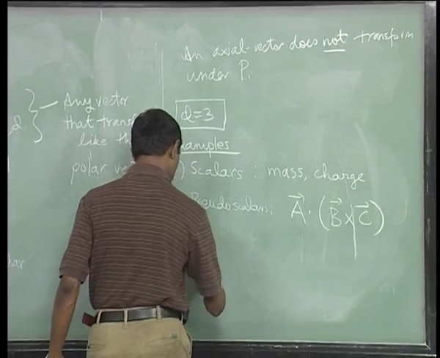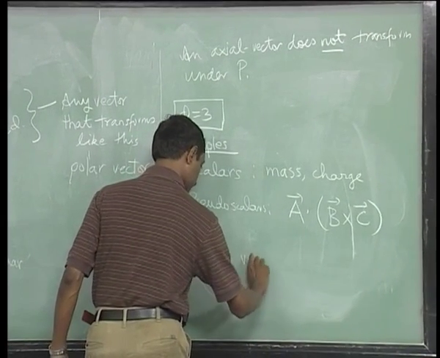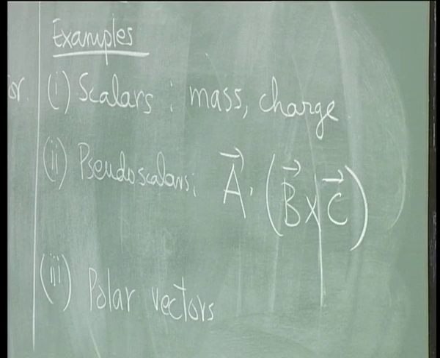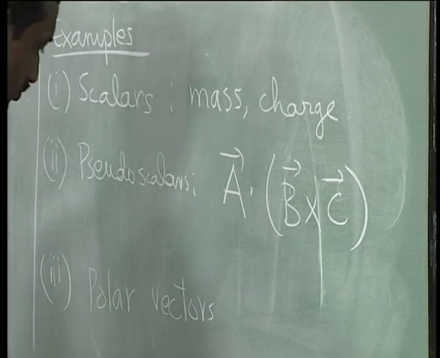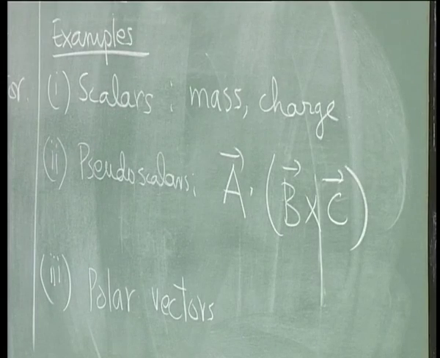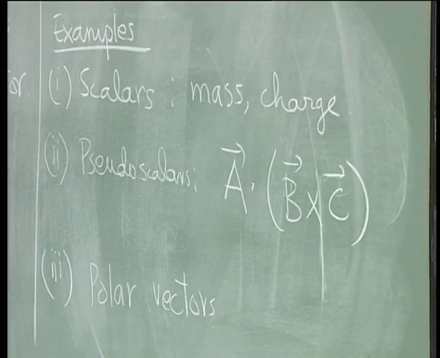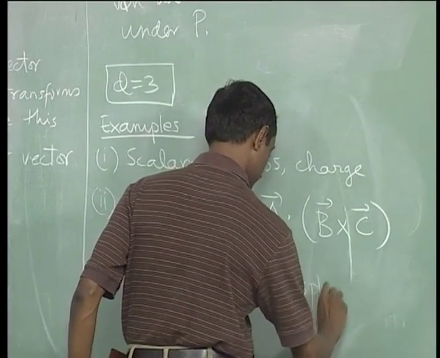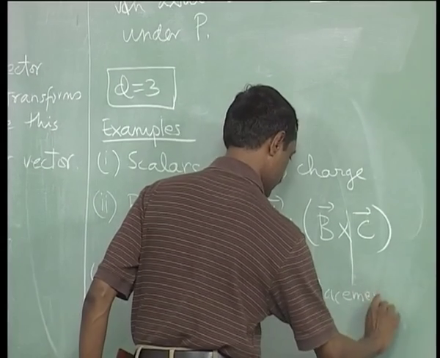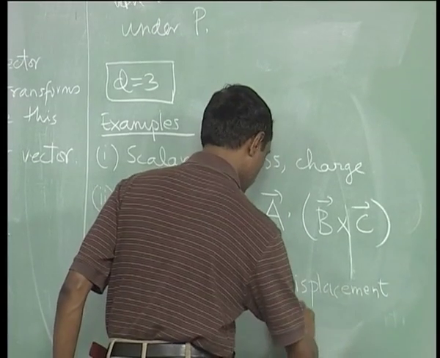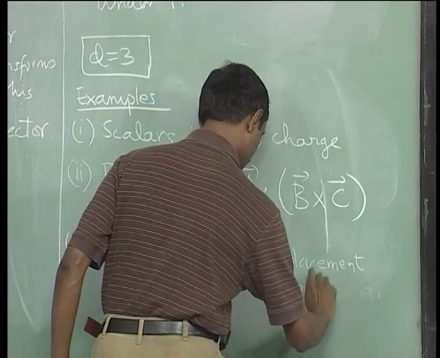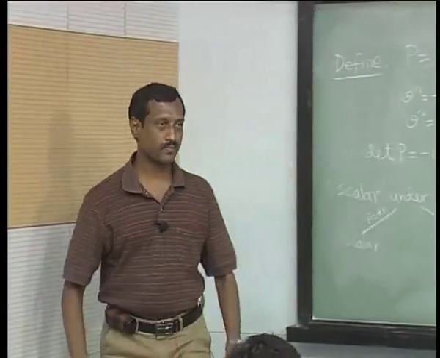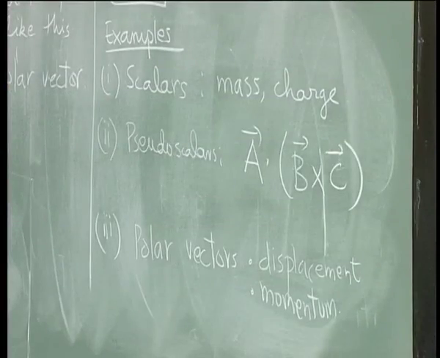What about normal polar vectors? Rotation angle, I do not know, displacement would be a polar vector, momentum. What about electric or magnetic field?